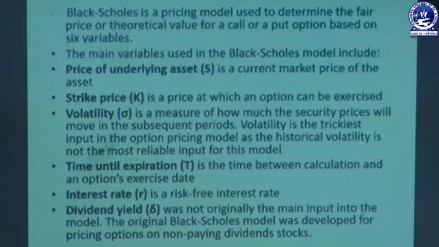That was not originally a main input into the model. The original Black-Scholes model was developed for pricing options on non-dividend-paying stocks, but later dividends were included. So, this Black-Scholes model is the most widely used model for pricing options.